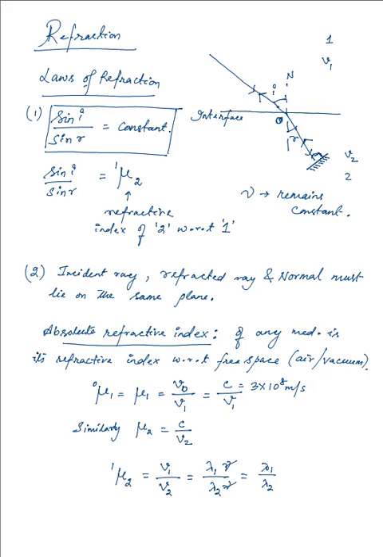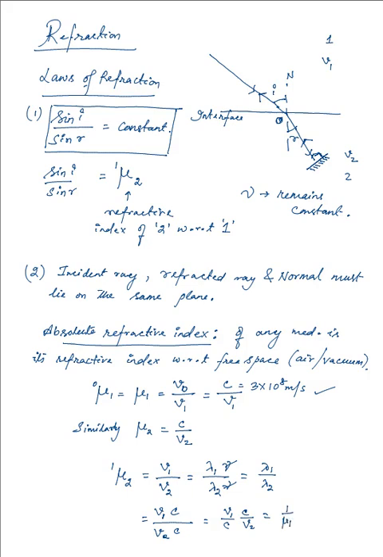Now what we have also learned about the absolute refractive index, what we can also put over here is that instead of v1 over v2, we can multiply a c over here and a c down below in the denominator. What that will do is we'll have a v1 over c and we'll have a c over v2. Now c over v1 would have given me mu1 as I have written over here. So v1 over c is obviously 1 over mu1.